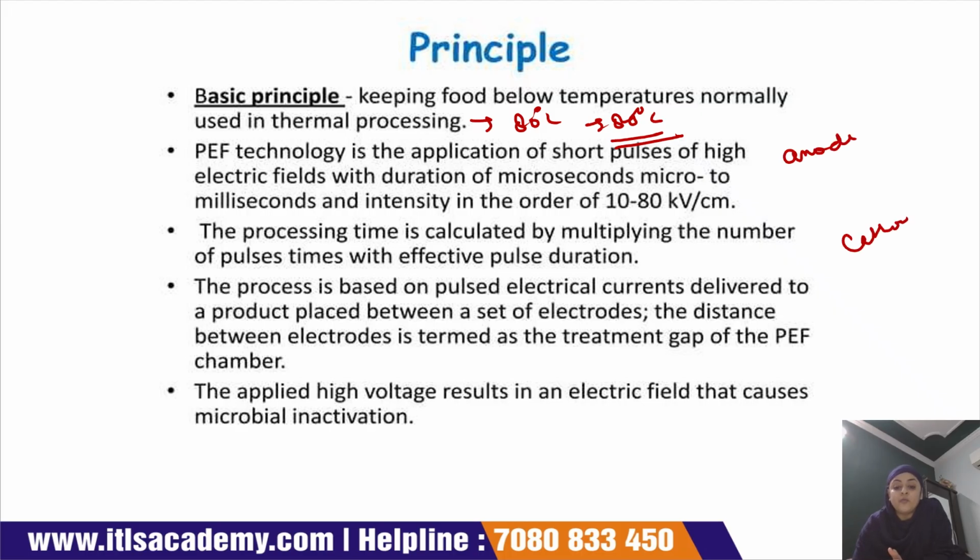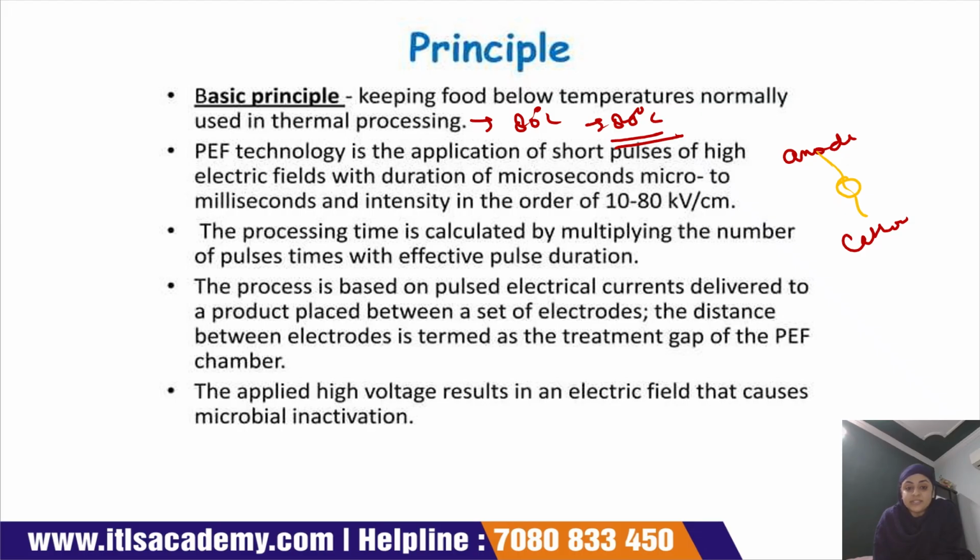We put this food between the cathode and anode, and when the pulses are generated, the food is preserved. We apply a high voltage which results in an electric field, and due to that high voltage microbial inactivation starts, microbial destruction starts, and ultimately we preserve our food product.